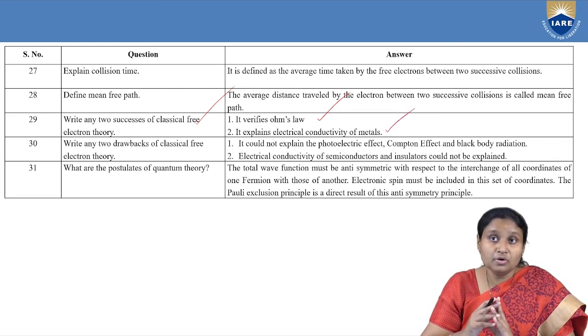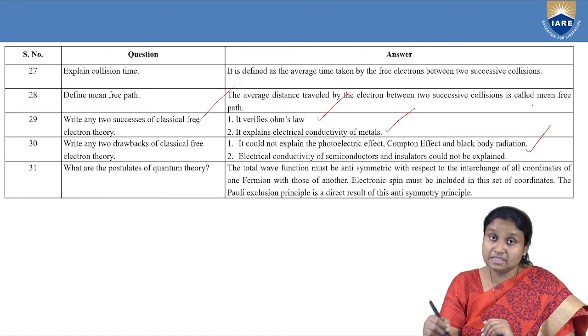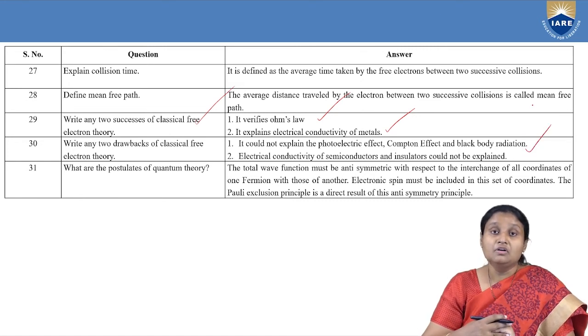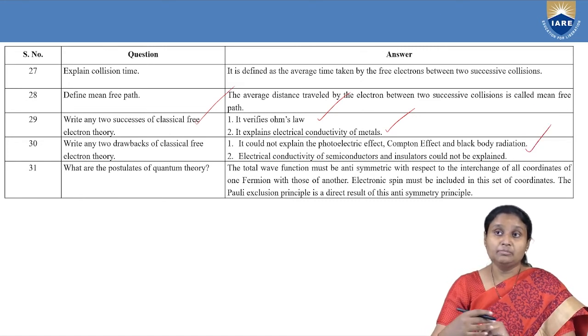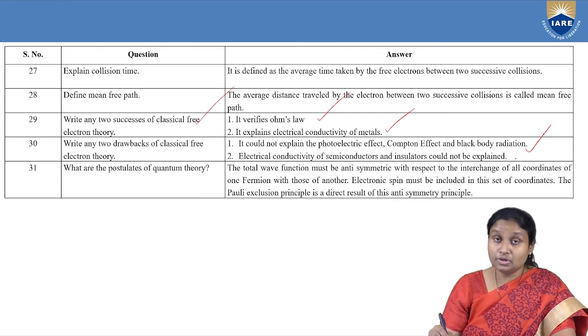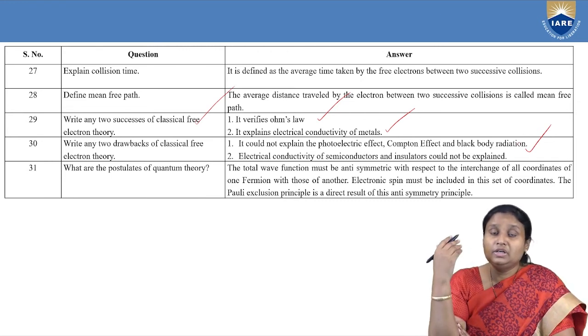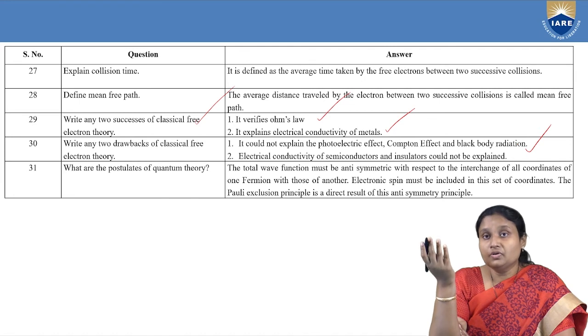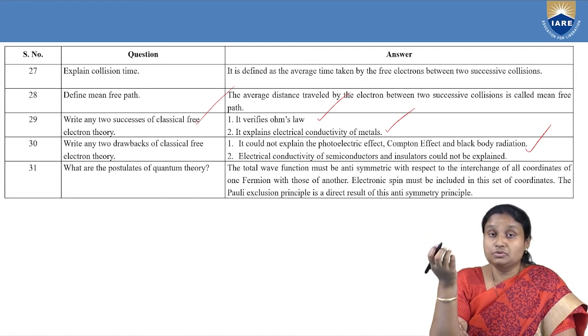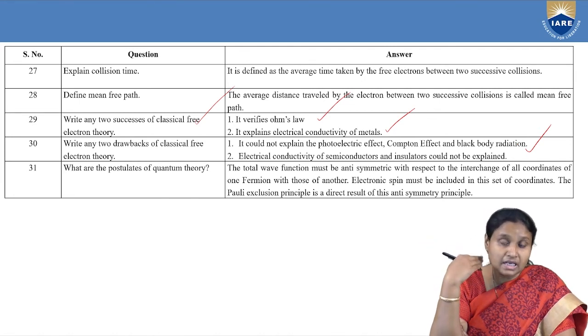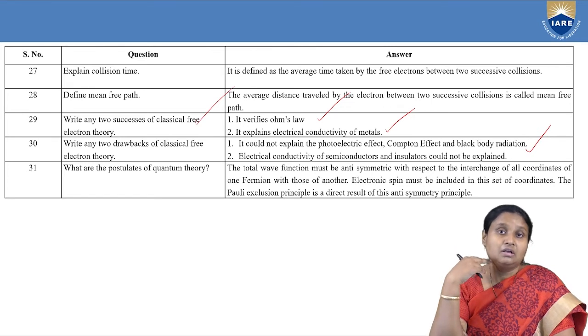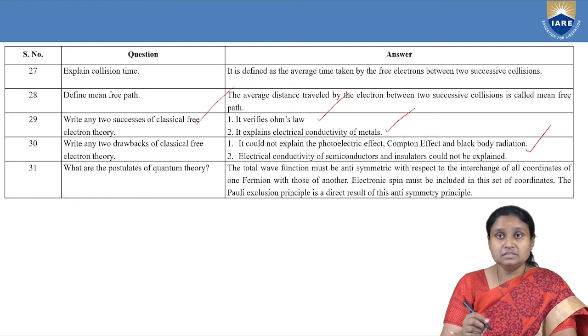But when we talk about its drawbacks, it could not explain certain phenomena like the photoelectric effect, the Compton effect, and black body radiation. Also, it talks about metals and the number of free electrons, but when it comes to the conductivity of other solid materials like insulators and semiconductors, classical theory fails.